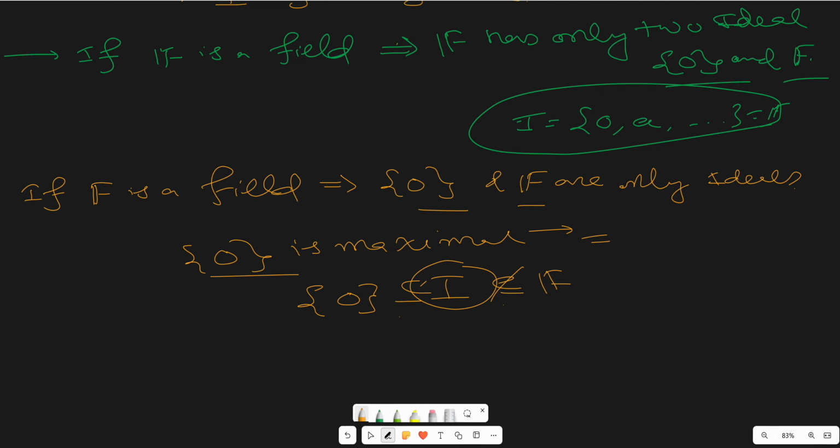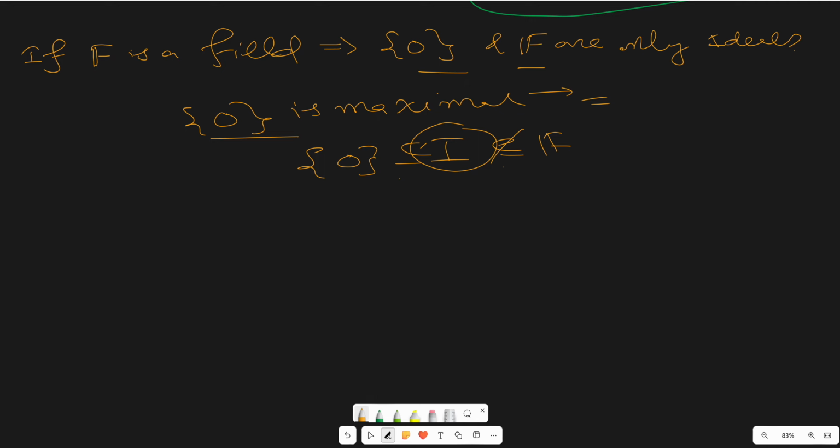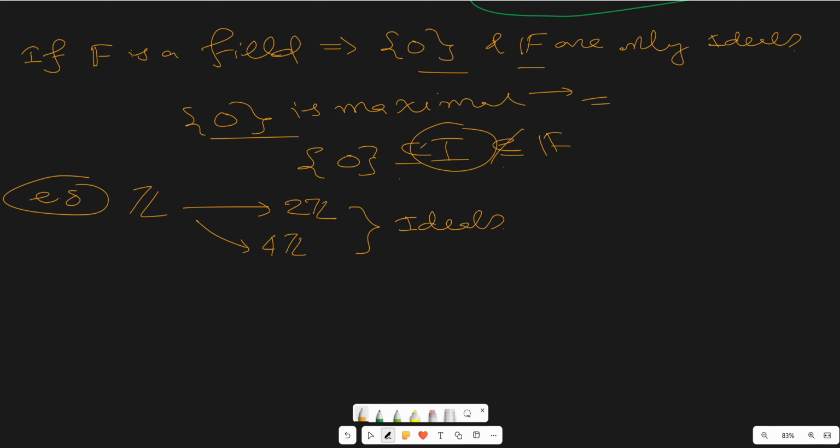So what are the ideals? Suppose, for example, in Z, 2Z and 4Z are ideals.